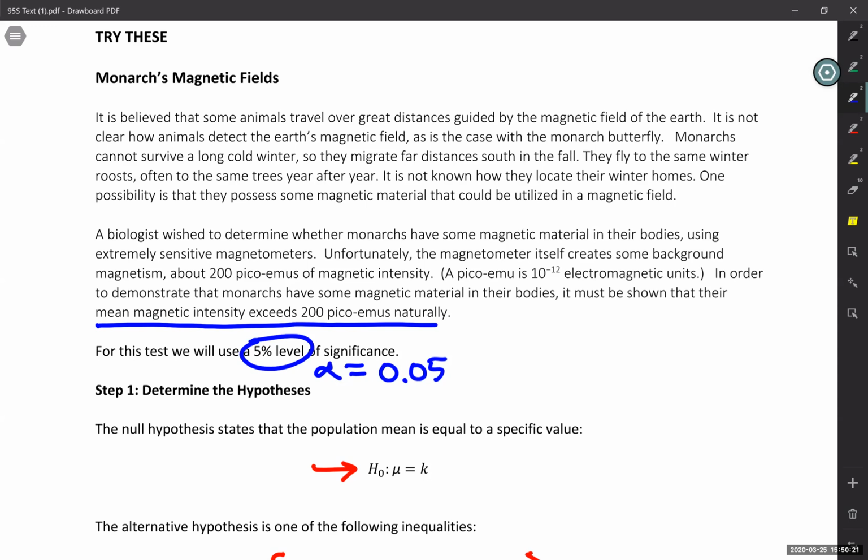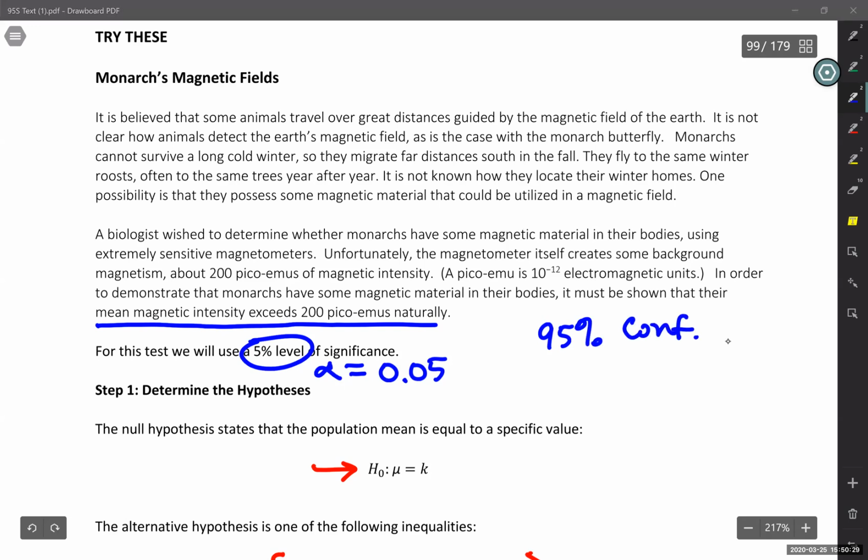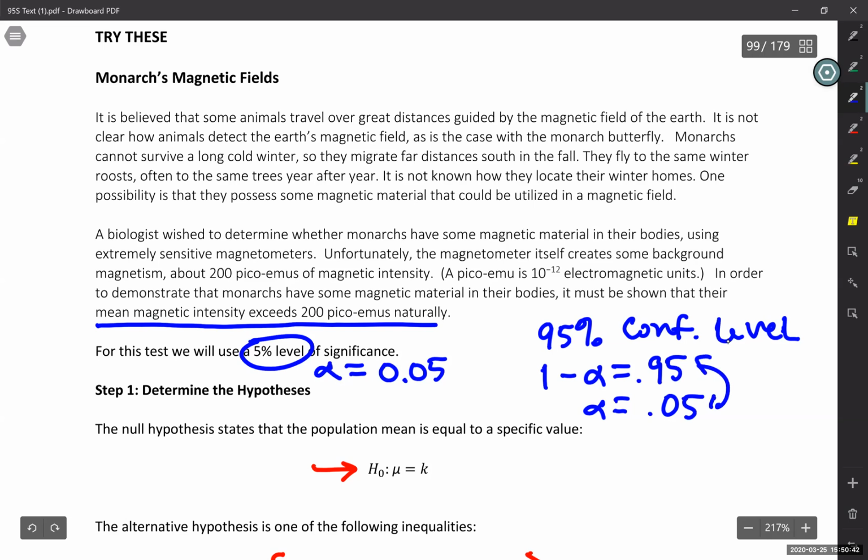Just as a quick reminder, when we were doing confidence intervals, we would say that a 95% confidence level, and then I did 1 minus alpha equals 0.95, and so alpha equaled 0.05. So they go together. 5% and 95% go together to make 100.